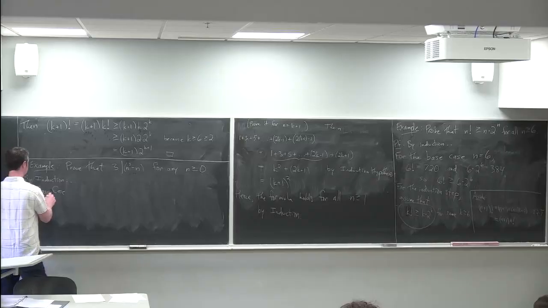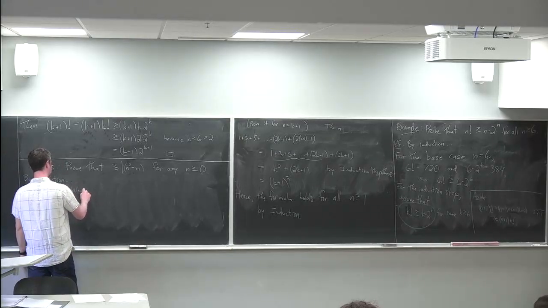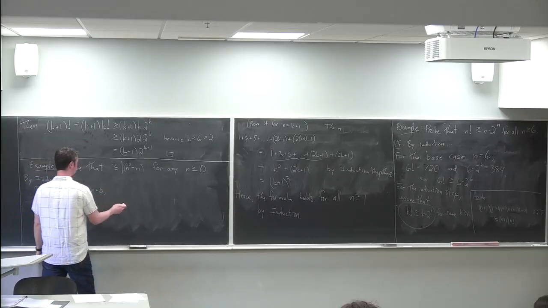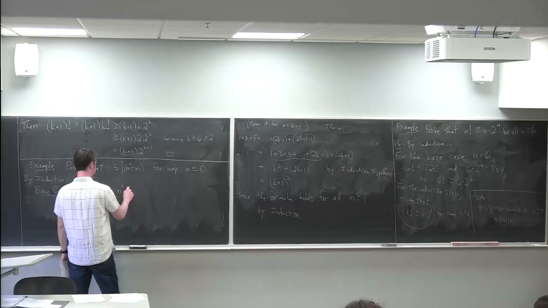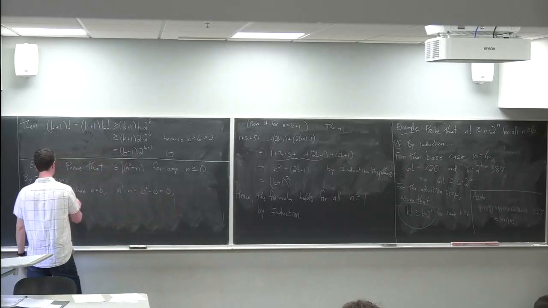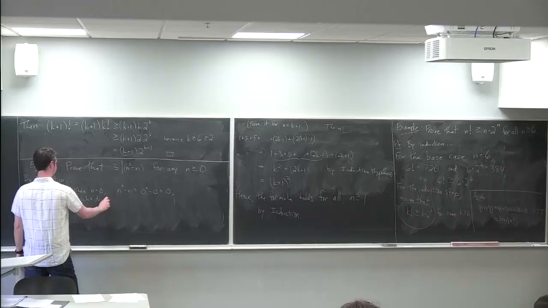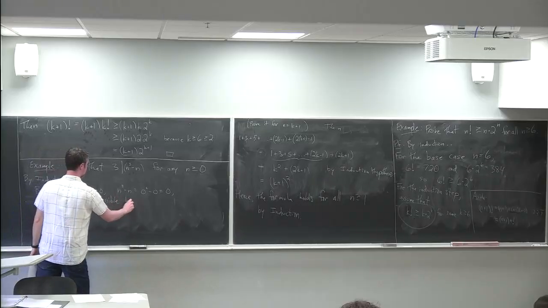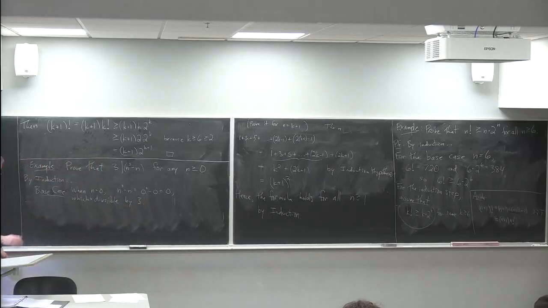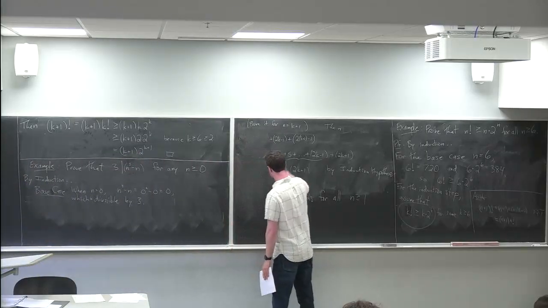So in the base case, when n is 0, what you have is n cubed minus n is 0 cubed minus 0, which is 0, and that is divisible by 3. Okay, so nothing to say there beyond that. And then let's just see how this can work as a proof by induction.